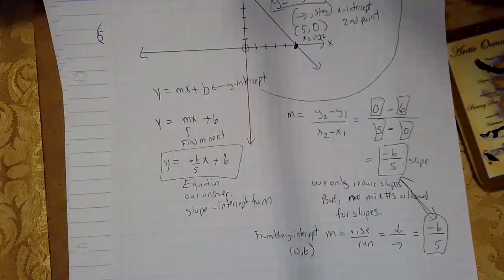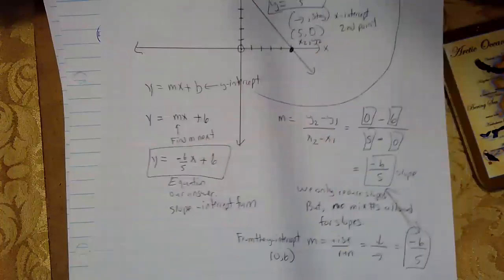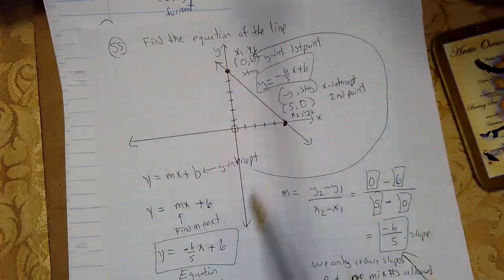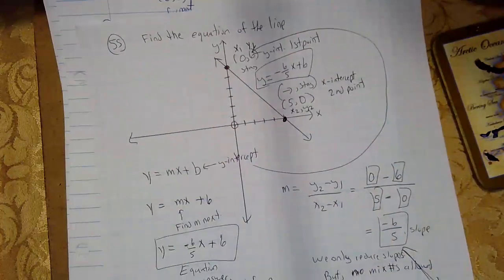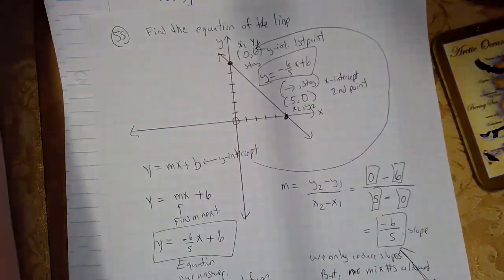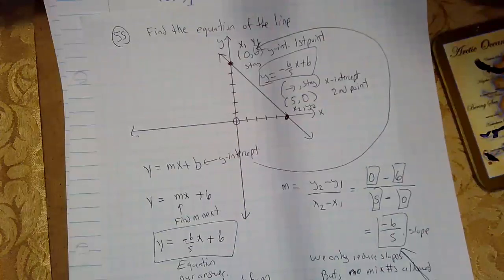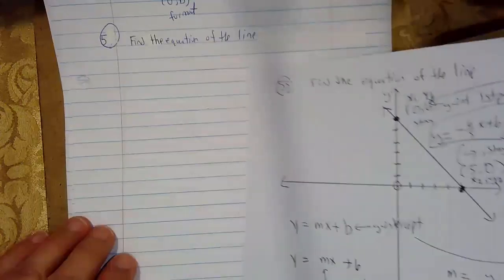So you identify your intercept, and then you see to get to the next point, another point, you use the idea of slope, the rise over run. Okay, so sometimes you rise up, sometimes you rise down, and then on your run, sometimes you run right, sometimes you run left. If you run left, then that can be negative if you run left, right? Okay, all right, so that's 55.